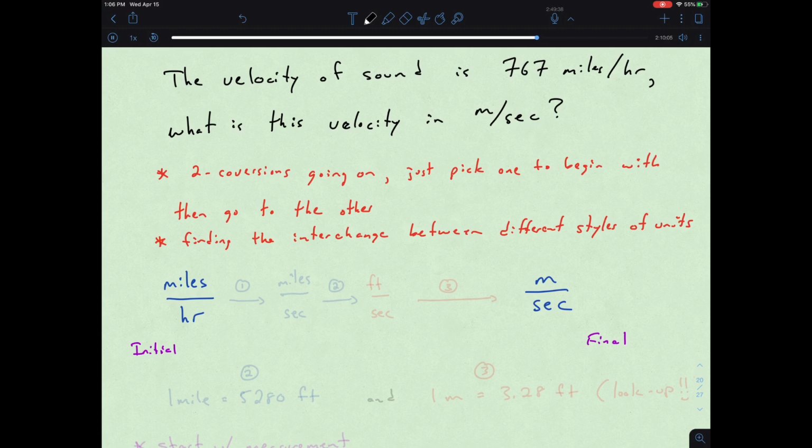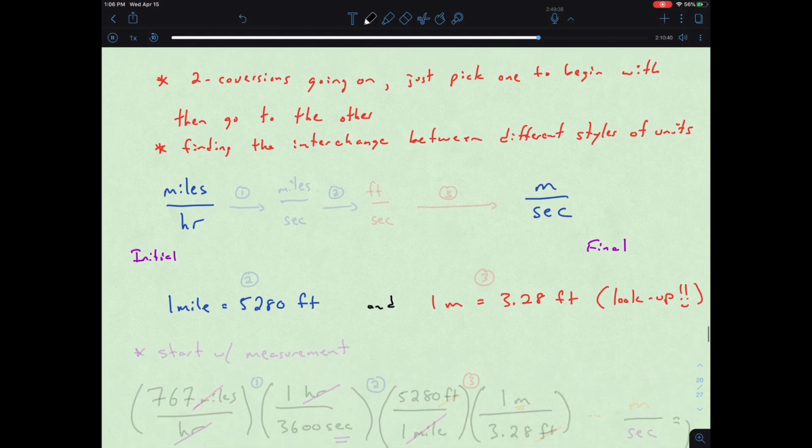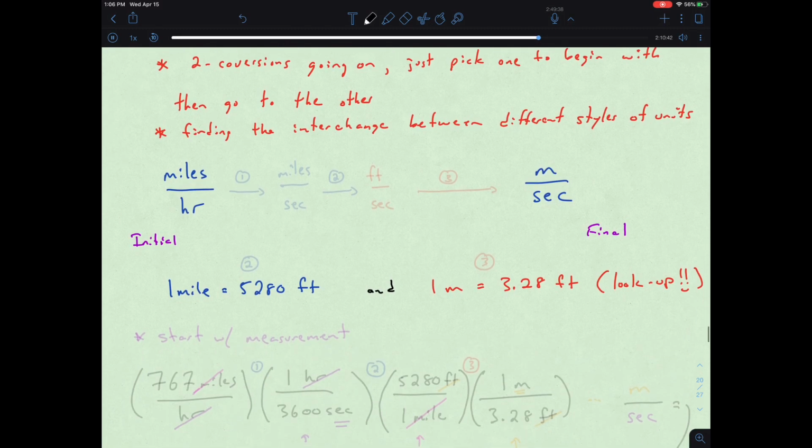So in this particular case, there are some conversions, such as for every 1 mile, that's 5,280 feet. And that for every 1 meter, that's 3.28 feet. Again, these are values that we can look up, right? We don't have to memorize these conversions.